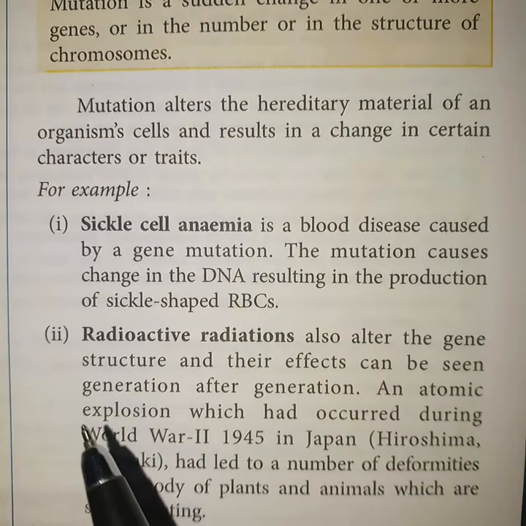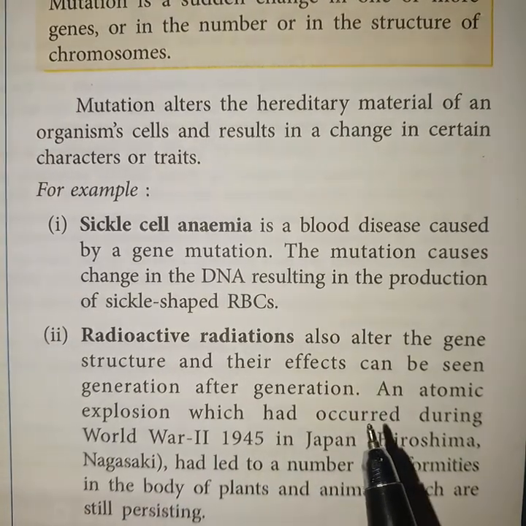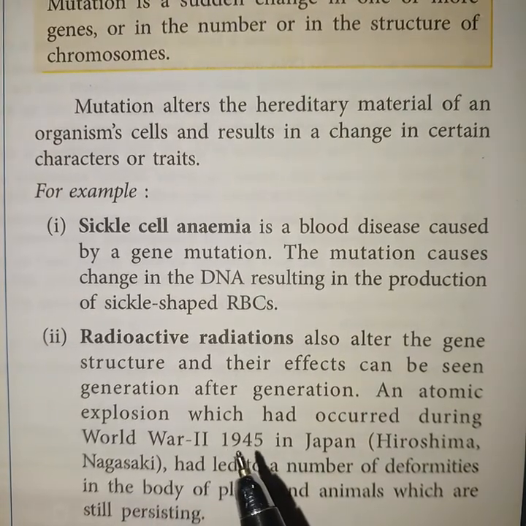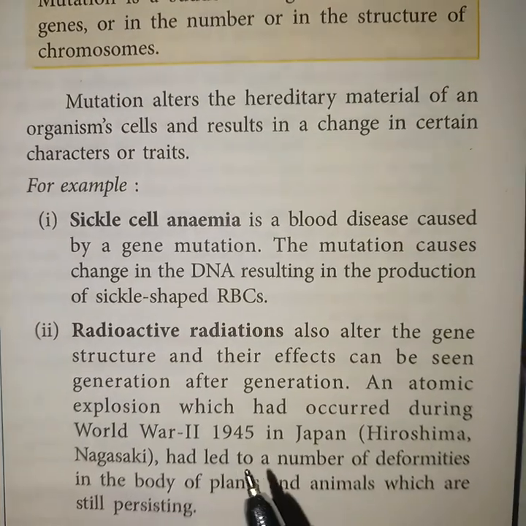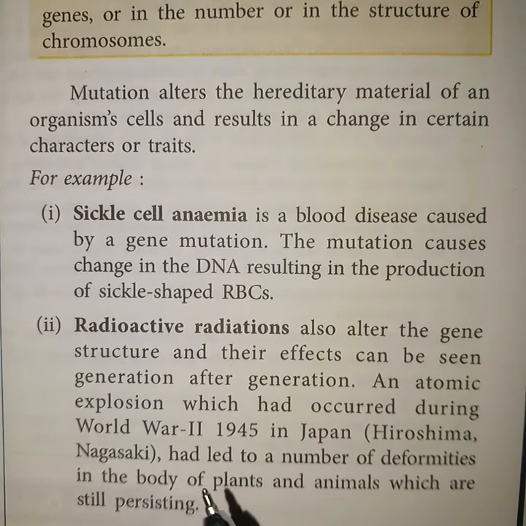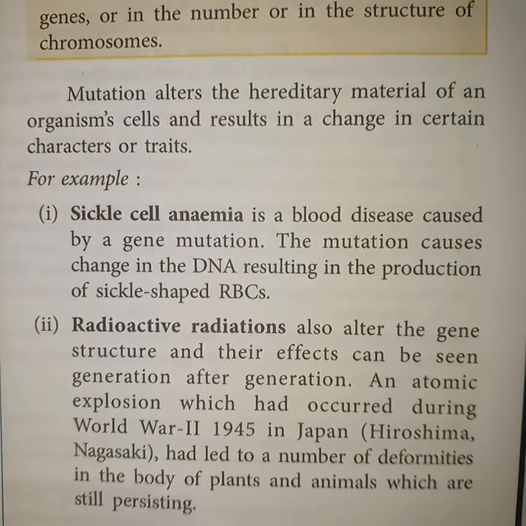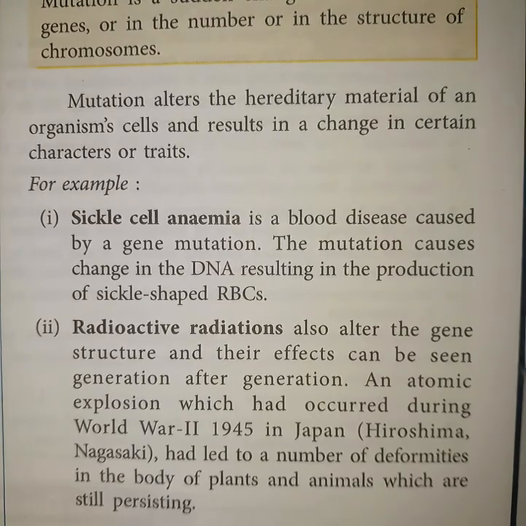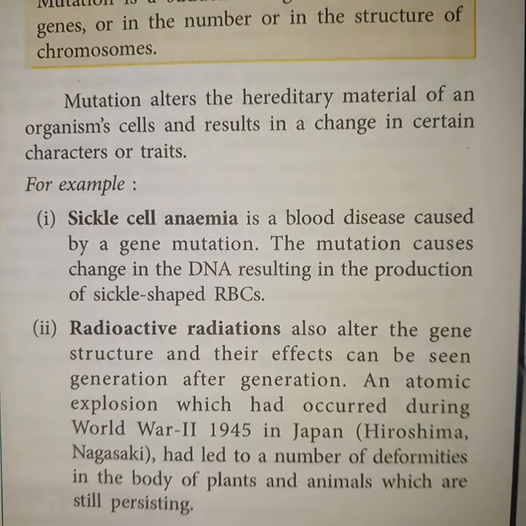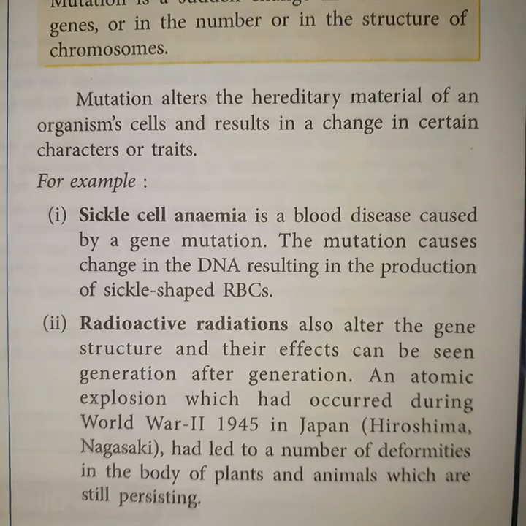The atomic explosion which occurred during World War II in 1945 in Japan, Hiroshima and Nagasaki, led to a number of deformities in the bodies of plants and animals which are still persisting. That's why our atmosphere is also protected by the ozone layer.